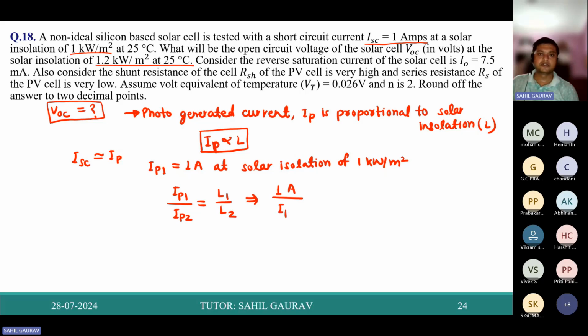IP2 is the photocurrent at solar insulation of 1.2 kilowatt per meter square.